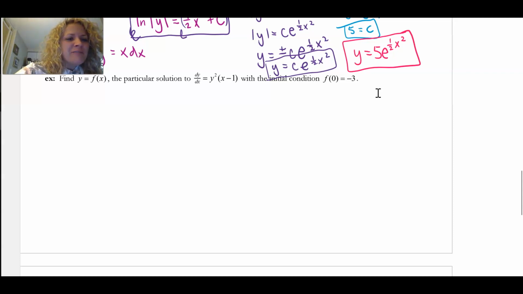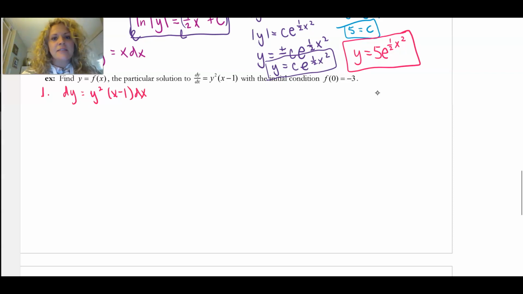All right, so we said for our separate step that we're gonna multiply the dx to the other side. So we get dy equals y squared times x minus 1 times dx. And we need to keep all the x stuff with the dx, and we need to get the y squared to the other side.